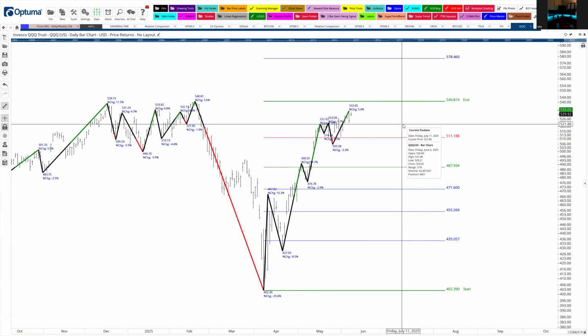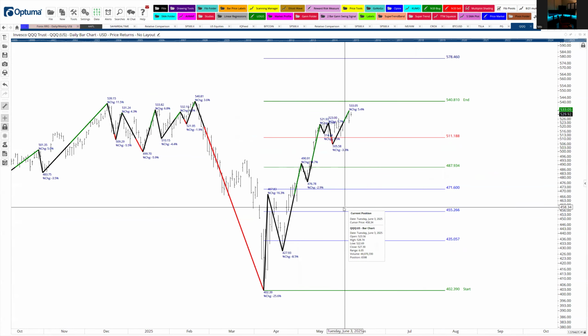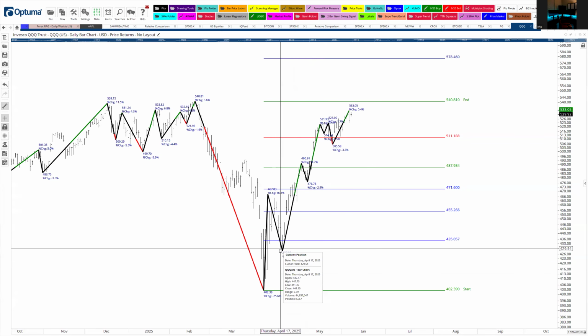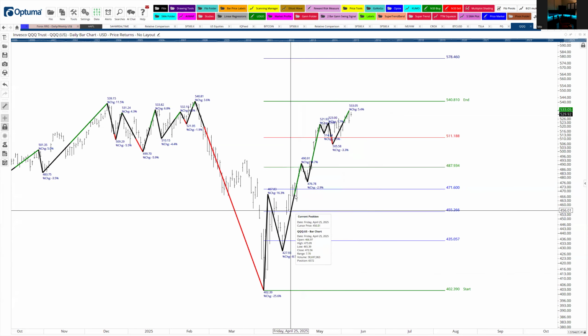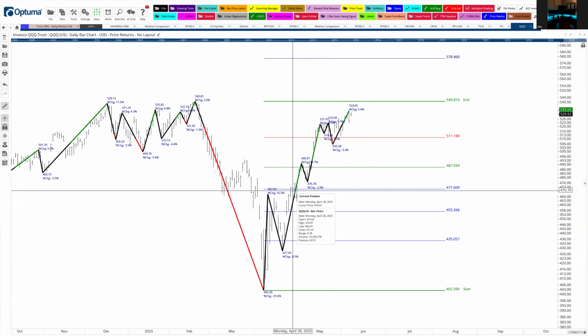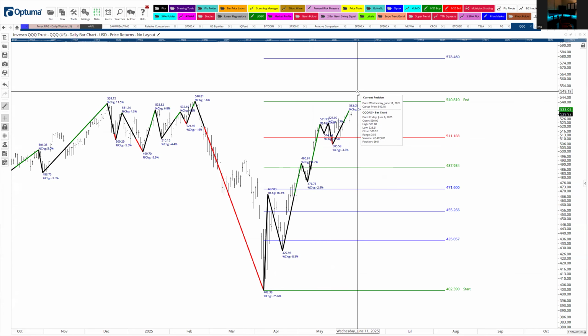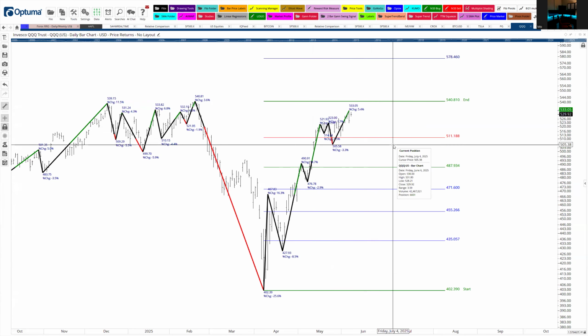To label this, what you're seeing here is the same thing: wave one, two, third wave. Now this swing goes up till here. You count one, two, three, four, and sort of five, trying to make the case for this third wave, and then we look for this fourth to the downside.